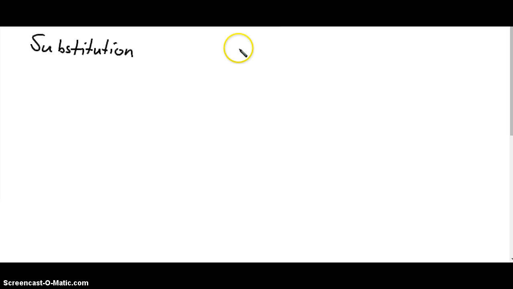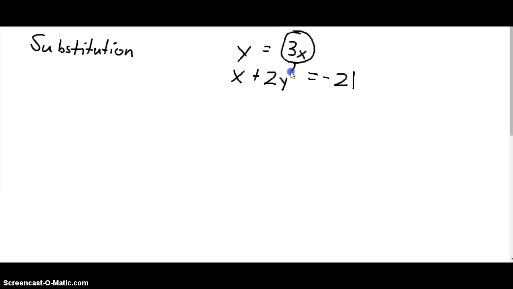So let's say we had a system of equations, y equals 3x and x plus 2y equals negative 21. Now, you might notice that since we're saying y is equal to 3x, I can take this 3x and plug it in for this y, since they are equivalent.